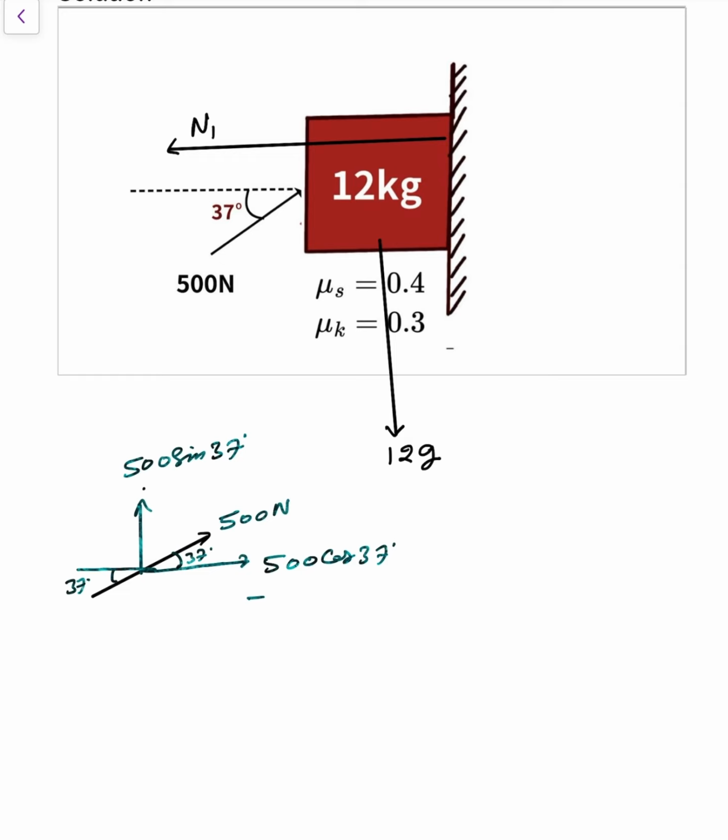Cos 37 is 0.8 and sin 37 is 0.6. Okay, that value is 400 Newton. Here 300 Newton. Clear or not?